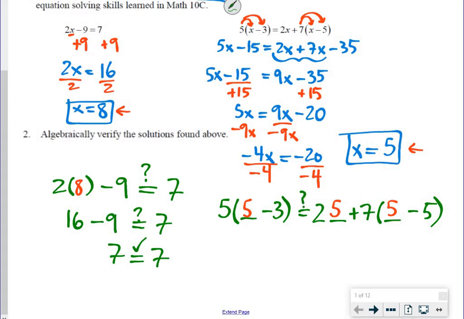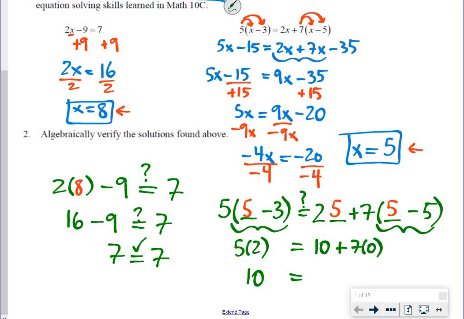So we need to confirm that the left side equals the right side. We do BEDMAS on the left. 5 minus 3 is 2. 5 times 2 is 10. Okay, and then simplify the right side. So 2 times 5 is 10 plus 7 times 5 minus 5. 5 minus 5 is 0, so 7 times 0 is 0, and we have 10. 10 indeed equals 10, so that is a good solution.